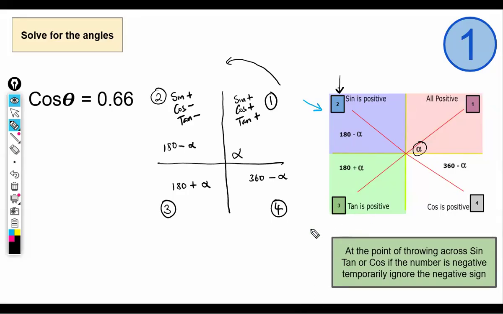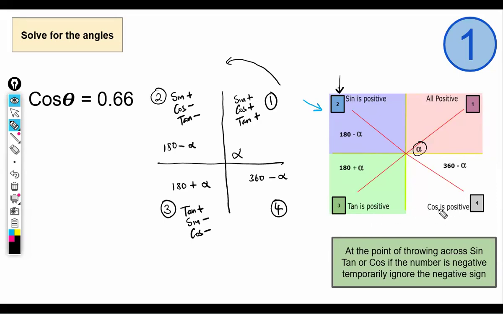In section 3, it states that tan is positive. So if tan is positive, by default, everyone else is what? Negative. Obviously I didn't write that in section 3 or section 2. If I say tan is positive, it's understood that the other 2 are negative.